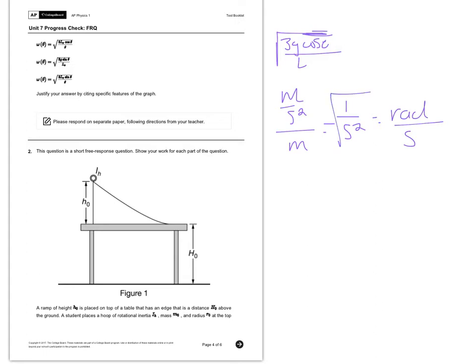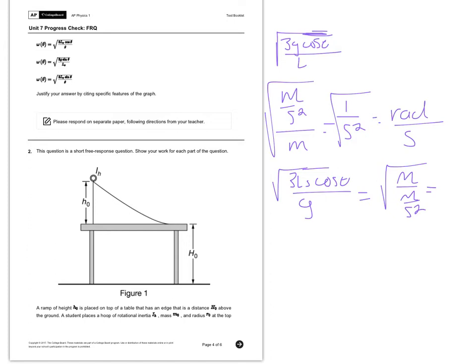Your next one, if you have the square root of 3ls cosine theta over G, sorry, this should have all been under a radical. We would be left with meters over meters per second squared, or the square root of seconds squared, which would leave us with seconds times radians.